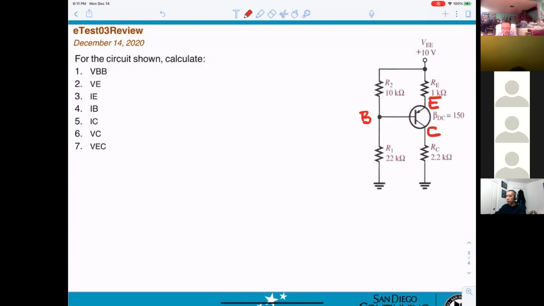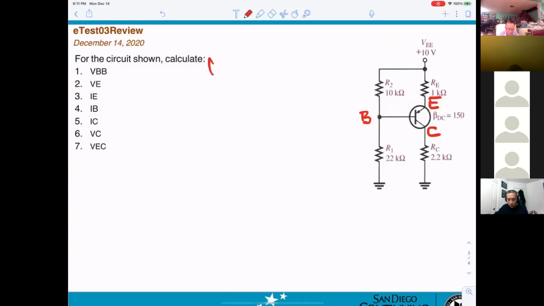VB, the same thing: 10 times 2.2 divided by 10 plus 2.2. So if you get the VB, let me know what value. So for VB, it's the same formula, R2 divided by R1 plus R2 times VEE. Am I right?